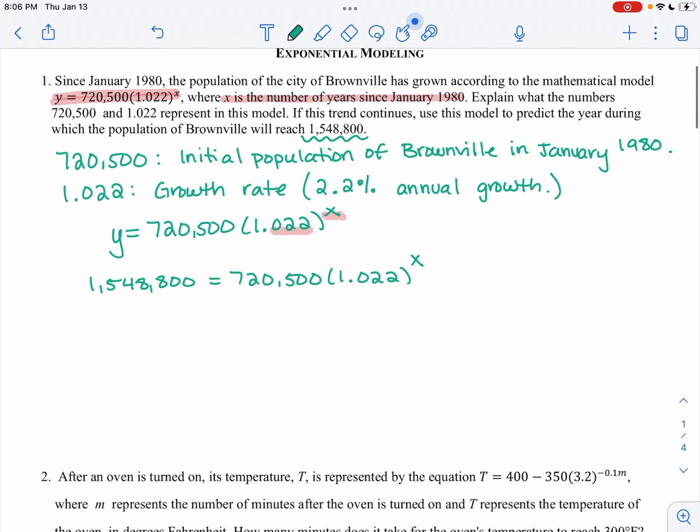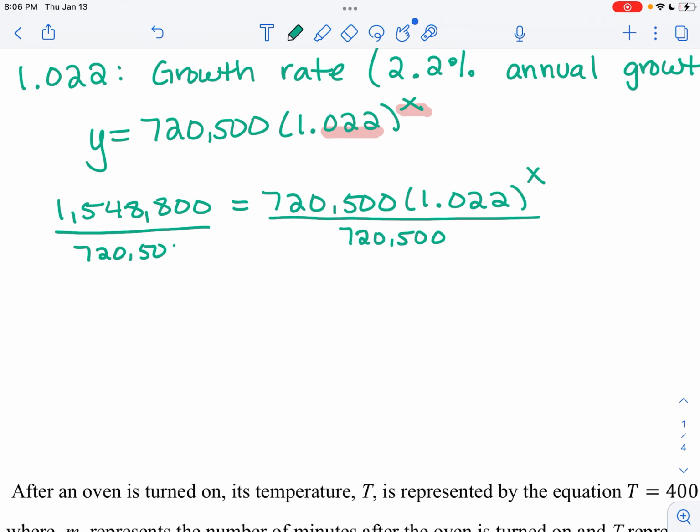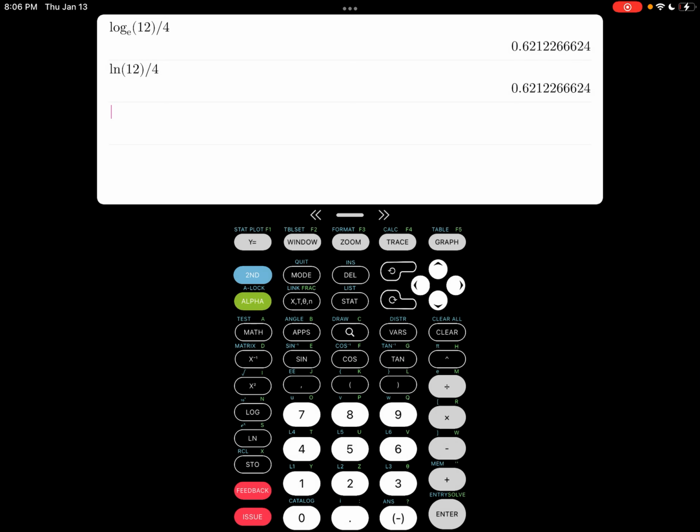Okay, so no matter which method you start with, first step has to be isolate the base. So we're going to divide by 720,500. Okay, so let's go to our calculator. So we have 1,548,800 divided by 720,500.